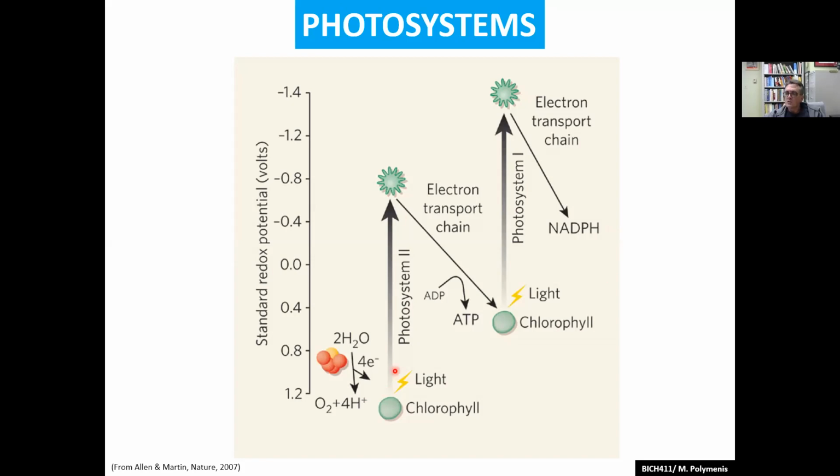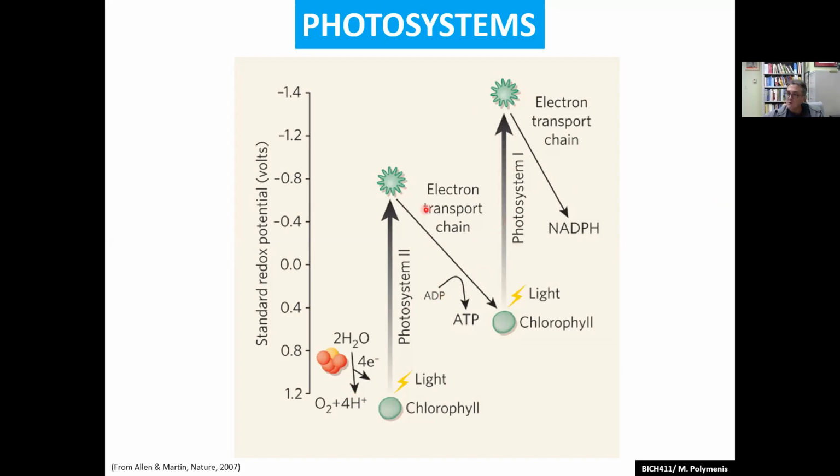So clearly, photosystem 2 was an add-on. And remember, again, it's photosystem 2 that makes oxygen. So you can actually have photosynthesis, just photosynthesis, without releasing oxygen. Okay. And we'll see how these organisms that don't release oxygen actually make their ATP.